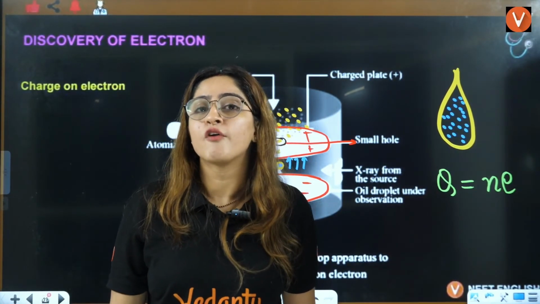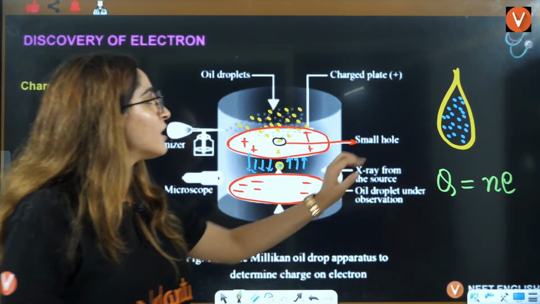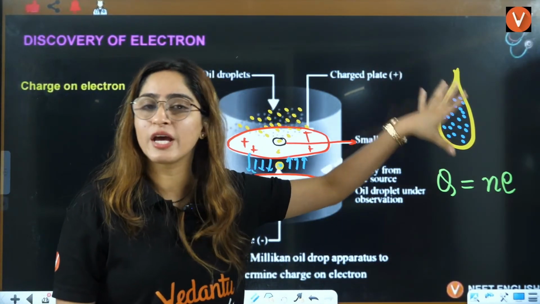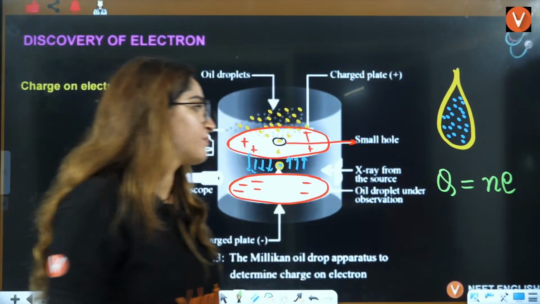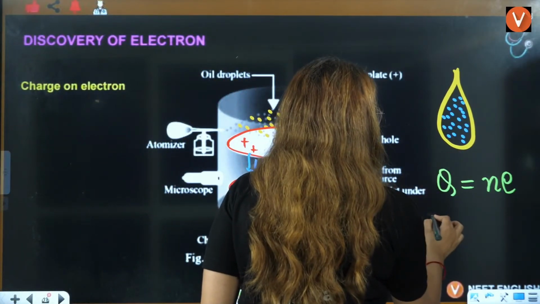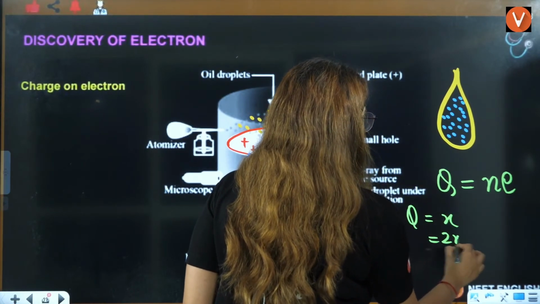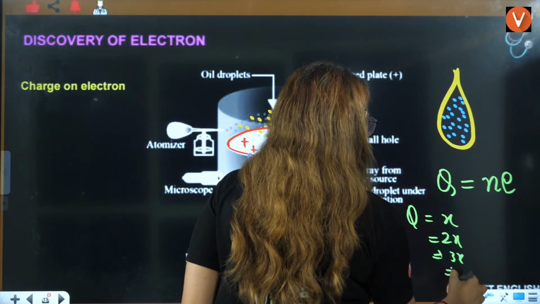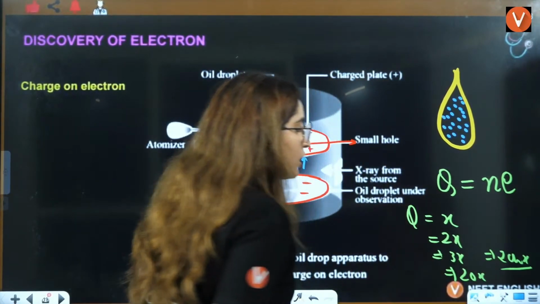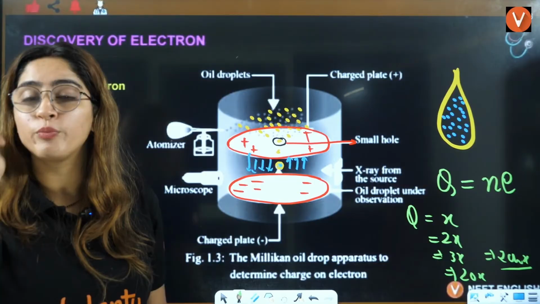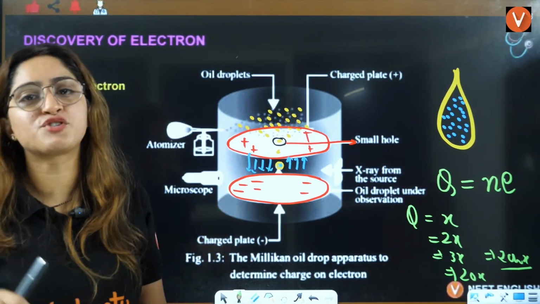No. What he observed is that the overall charge here is always an integral multiple of a constant. Let's say this charge was coming out to be x, then sometimes 2x, sometimes 3x, sometimes 20x, sometimes 2000x. So that means it is coming out to be a multiple of one constant.